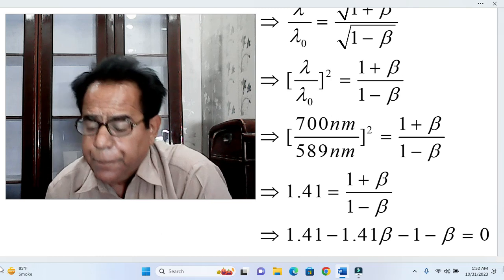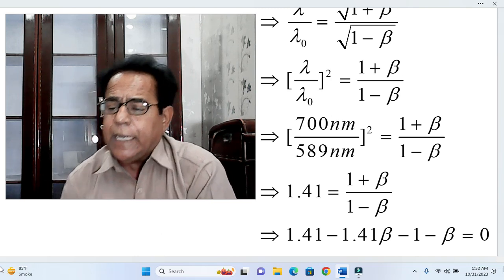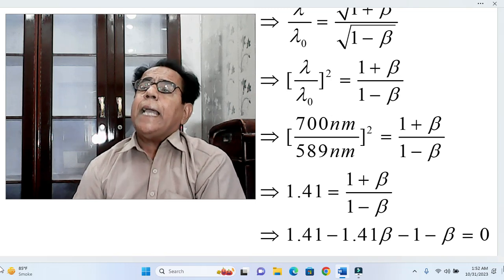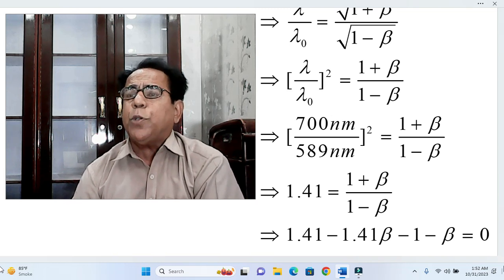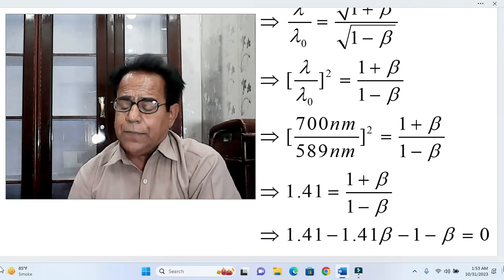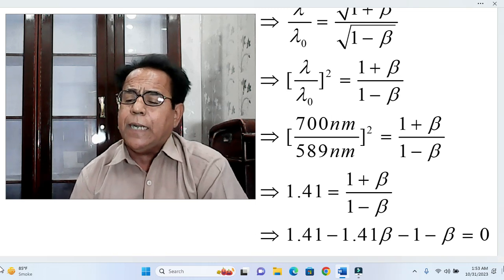Here we are going to put those two values which have been provided in the statement. One is 589 nanometer, while the second we have chosen at our own discretion as 700 nanometer, because it is described that the visible range is from 400 to 700 nanometer.